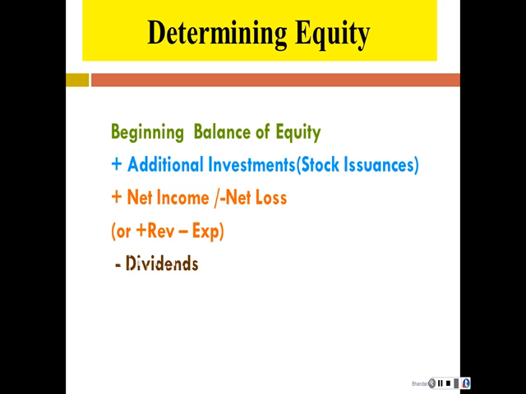Dividends will decrease equity. And if we add up all these amounts and subtract the dividends, what we get is the ending balance of equity. So what you see here, net income and dividends, we also saw with respect to retained earnings, because equity is made up of common stock and retained earnings. So both of these impact the balance of equity.